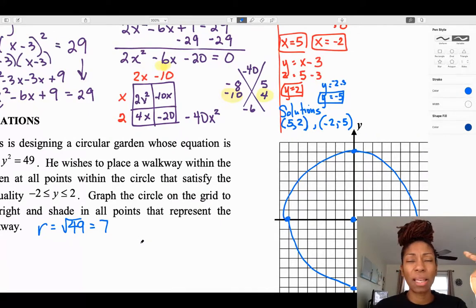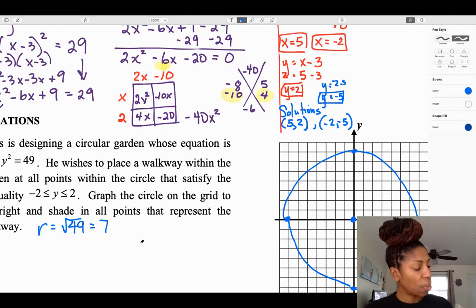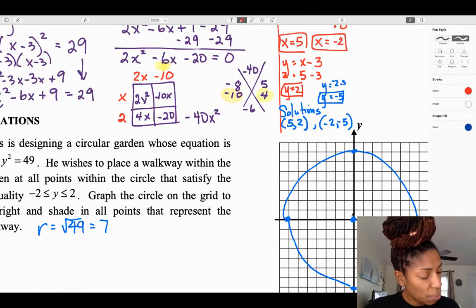Well, where does y equal -2? Let's see. y equals -2. This is my y-axis here. And y equals +2 here.